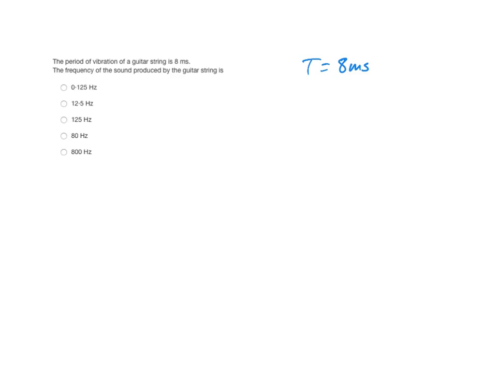And the big thing here for a lot of you, you went for A instead of C, if we label these A to E. And the reason is you've missed out that key idea: it's 8 milliseconds, which is 8 times 10 to the minus 3 seconds. And therefore the frequency is 1 over the period, which is 1 over 8 times 10 to the minus 3, so 125 hertz. That's the correct answer there.